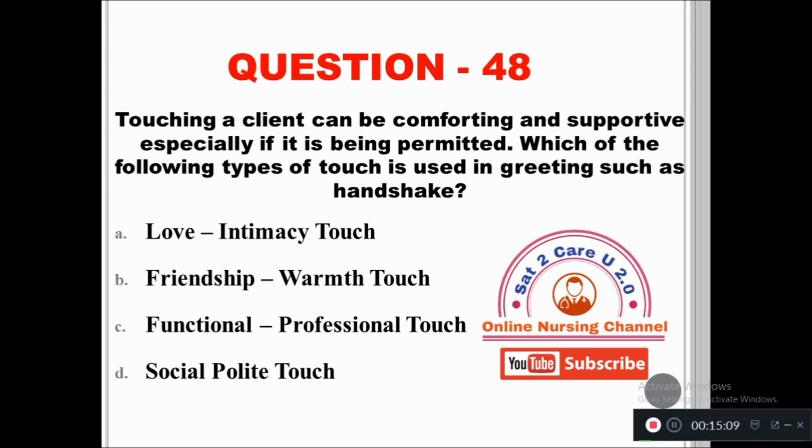It involves tight hugs and kisses between lovers. Option B, friendship warm touch, is wrong because it involves a hugging greeting. Option C, functional professional touch, is also wrong because it is used in examinations or procedures, such as when nurses touch the client to assess the skin turgor. So option D, social polite touch, is used in business and social environment settings.